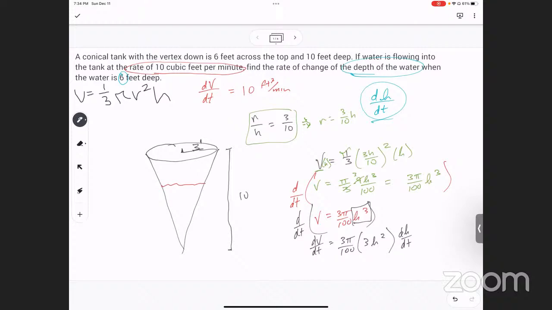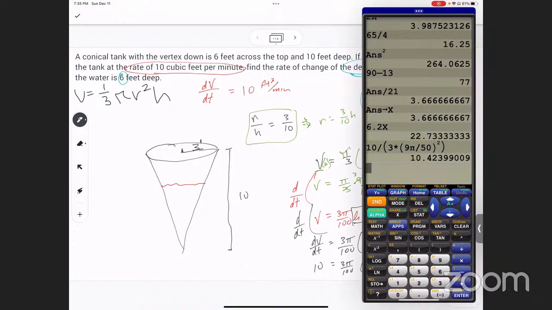So now when I plug in 6 for h and 10 for dV/dt, so 3 pi over 100 times 3 times 36 dh/dt. So let's see if this works out better.